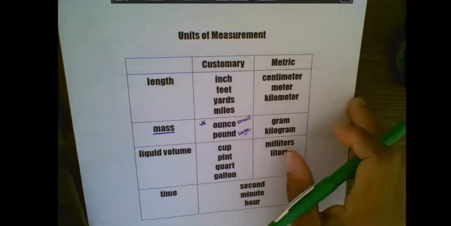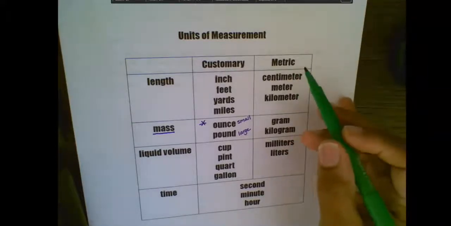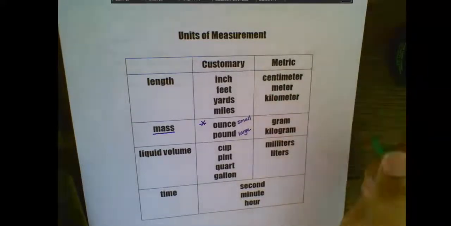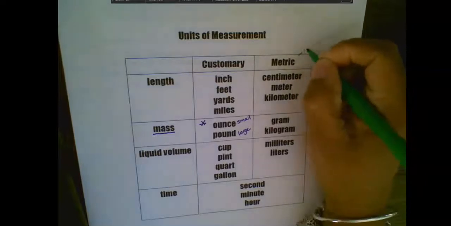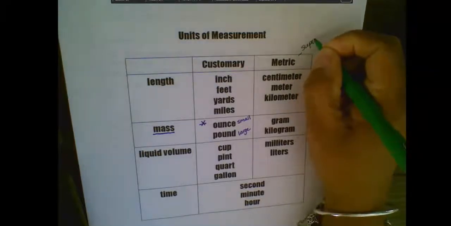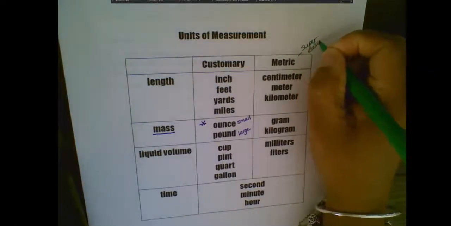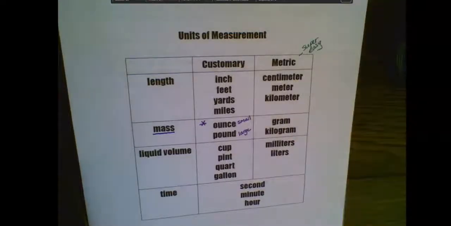And hopefully by now you have realized that the metric system is super easy to use just because of the numbers. But because you live in the U.S., we have to learn both. It's important that you learn both.